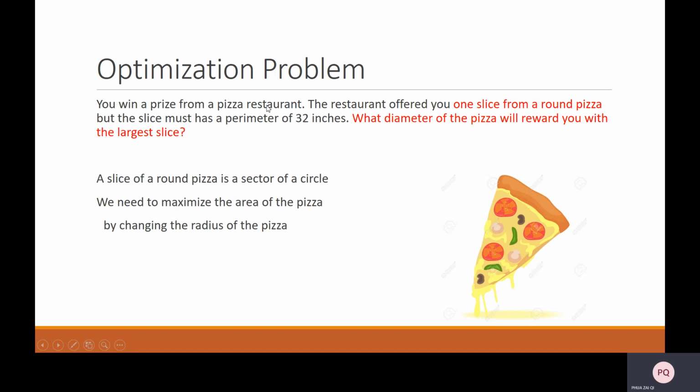I believe all of us have eaten pizza before, so you should know that a slice from a round pizza is a sector of a circle. In case you can't imagine, this is a picture of the round pizza. Obviously, one slice from it is a sector of a circle.